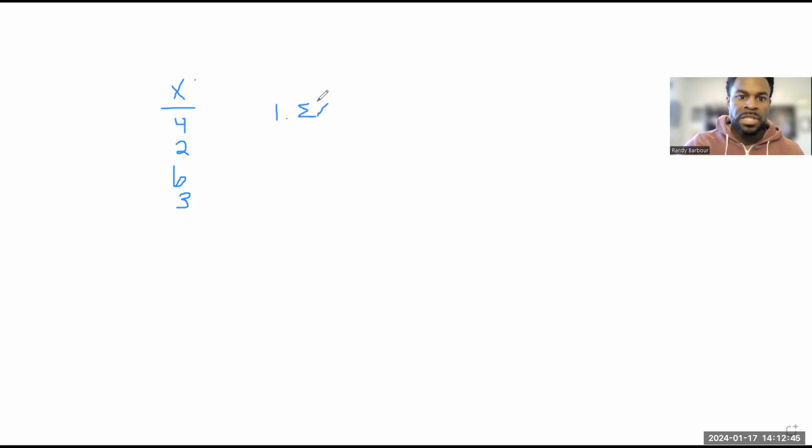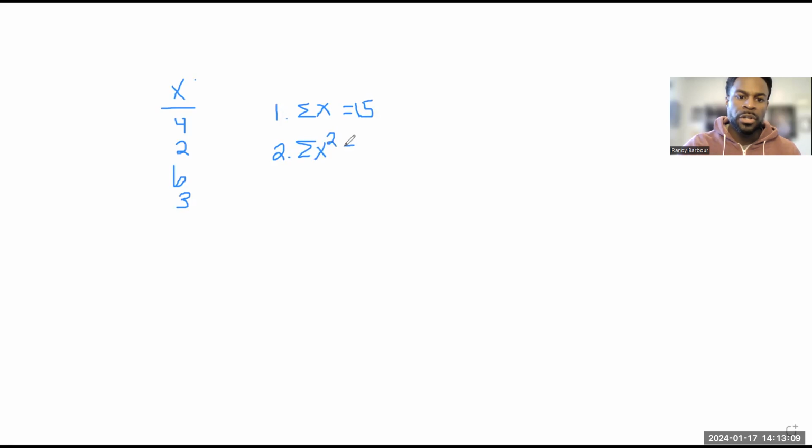With the sum of x, all I'm doing is summing all these up. So that's 4, 2, that's 6, 12, 15. That should be 15. All you're doing is adding up all those x values. 15. All right. Number 2. This is the sum of x squared.